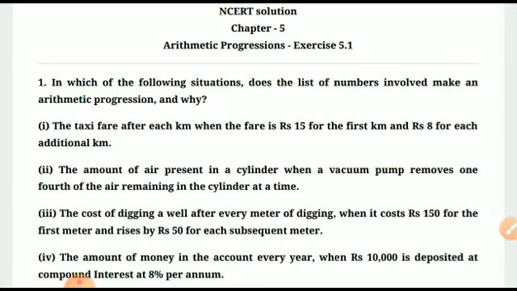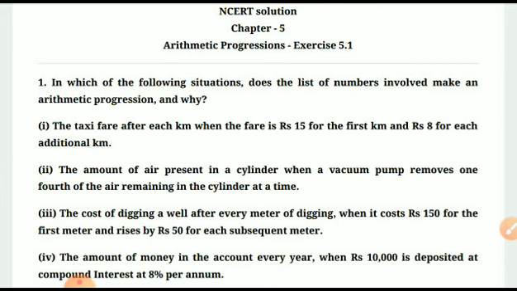Now the last question: the amount of money in the account every year when rupees 10,000 is deposited at compound interest at 8% per annum. In your 8th standard you studied simple interest and compound interest, as well as in 7th. Now do you remember the formula for compound interest?